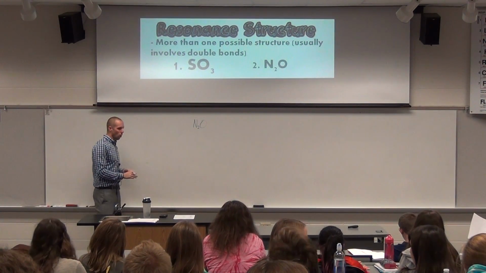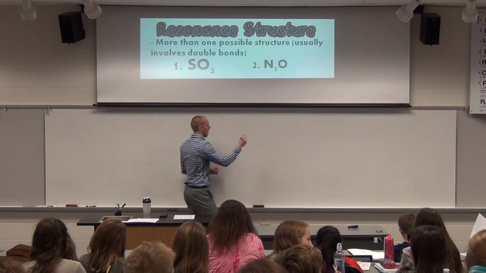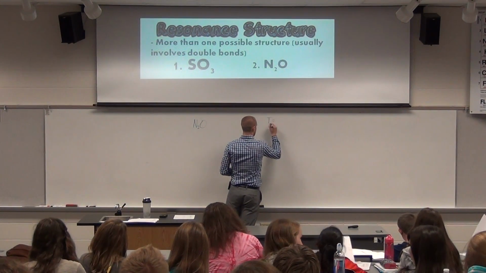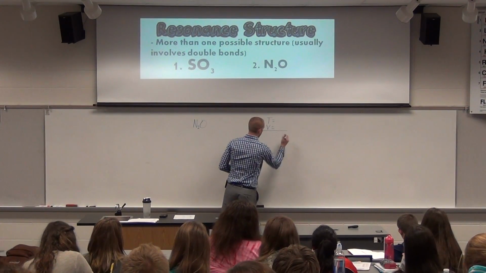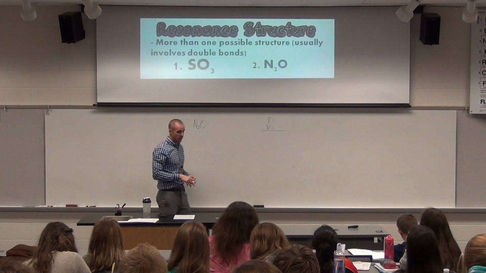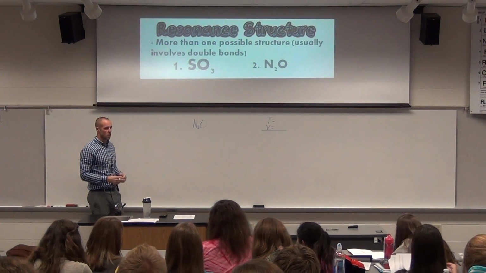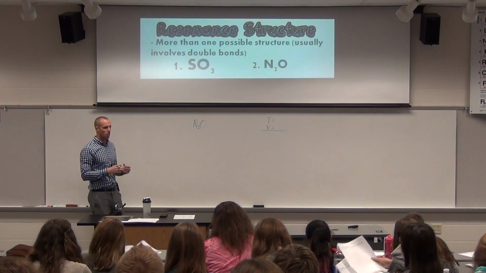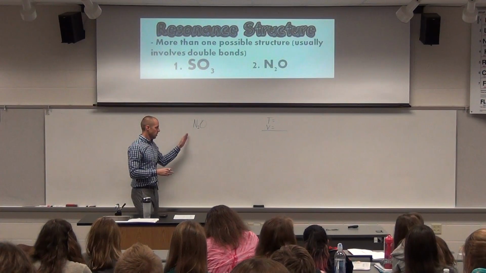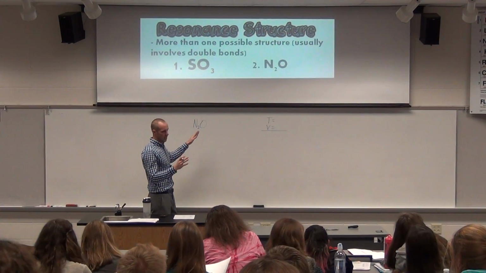So we're going to do N2O. We first have to do our T and V. So we need to figure out how many electrons are there with all single bonds. First I need to know what's the central atom. In this case, I would probably tell you what the central atom is because you have competing things here.